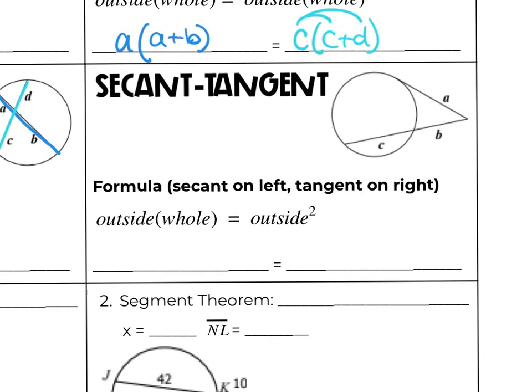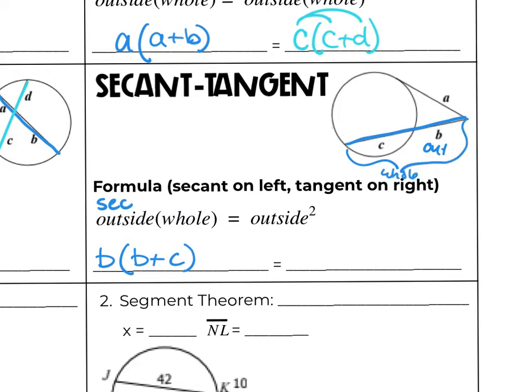All right, the only one that is not two of the same type of line is secant tangent. You have to make sure that the left side of your formula is your secant, the one that touches the circle twice, because it has an outside and a whole. So B is my outside, and my whole would be B plus C. That's just for this example.